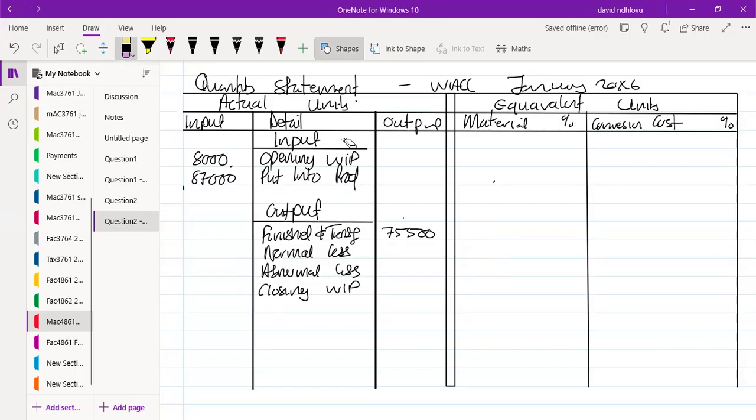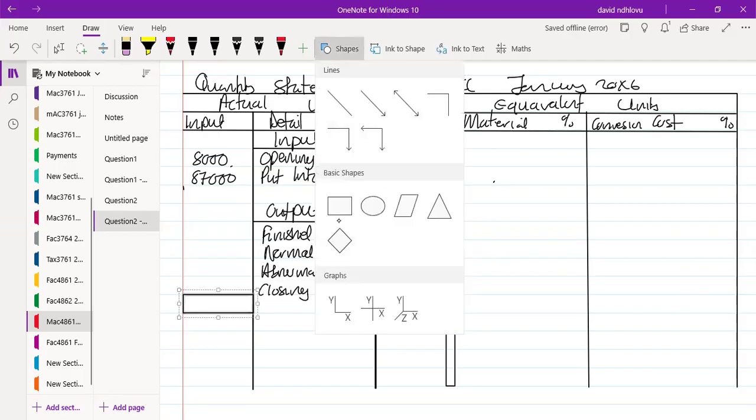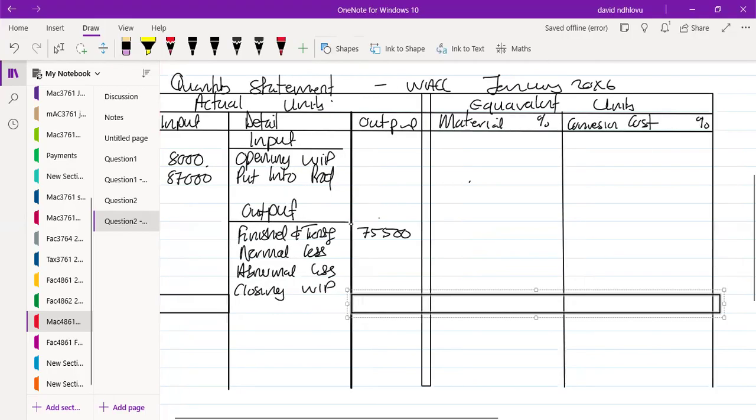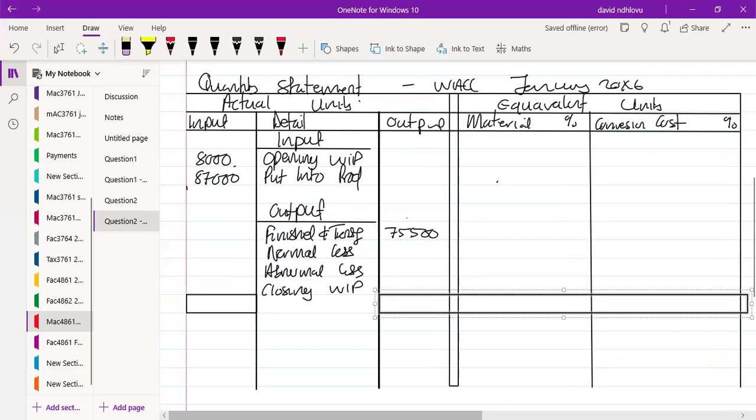Then we close the calculation here. Remember, the output is a capture of where the opening WIP is. So you add here, you are going to have 95.